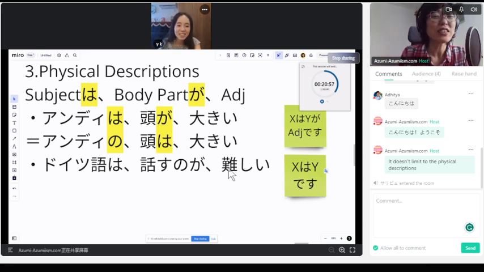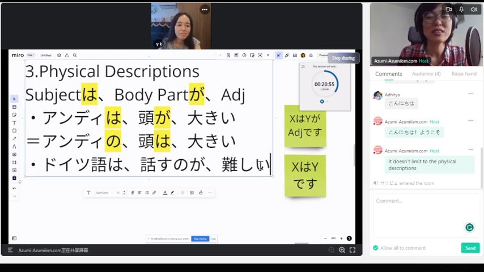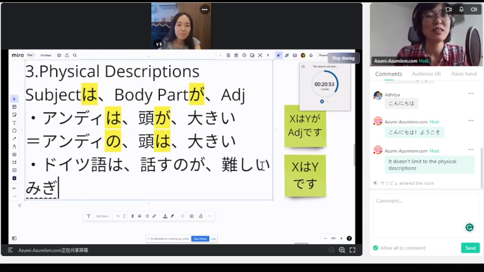And how can you use the no particle here? Can you replace it?